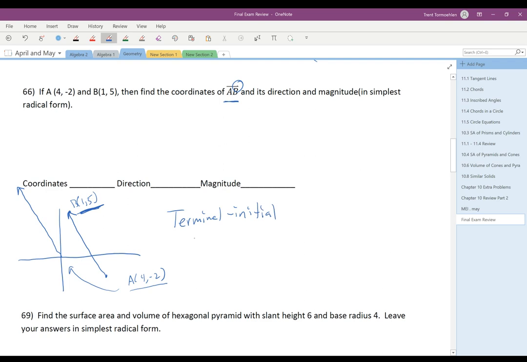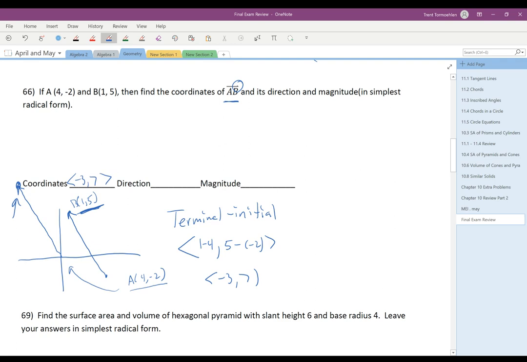Remember, you use these brackets that look like that. So it's going to be 1 minus 4, and then 5 minus -2, which gives me -3, 7. Based upon my drawing, yes, it's very believable that this point is -3, 7. So our coordinates are -3, 7.